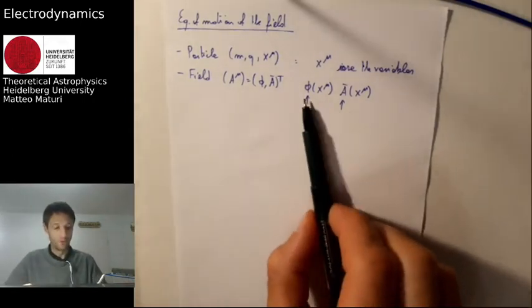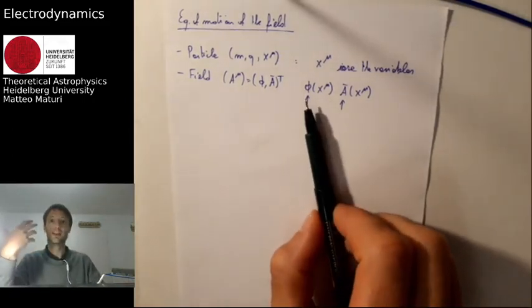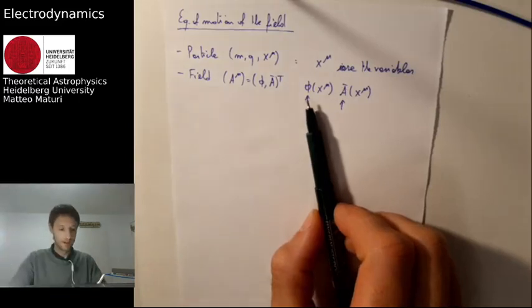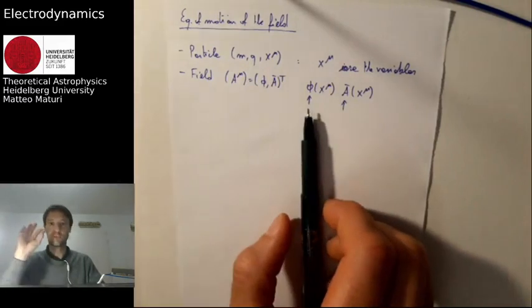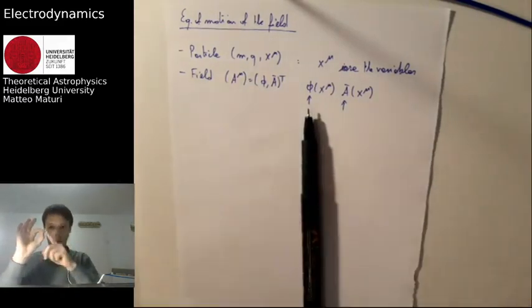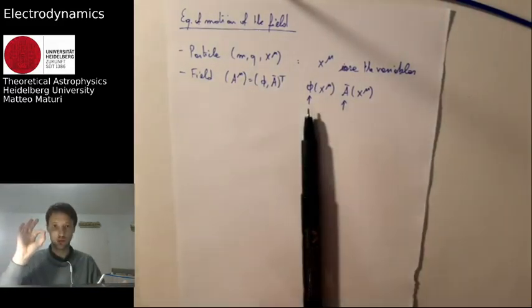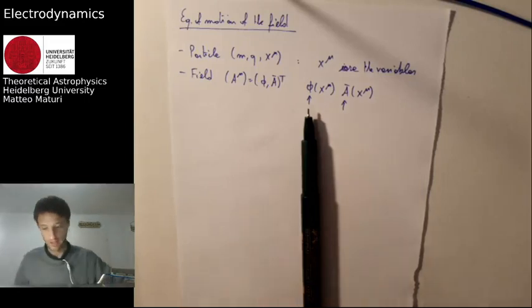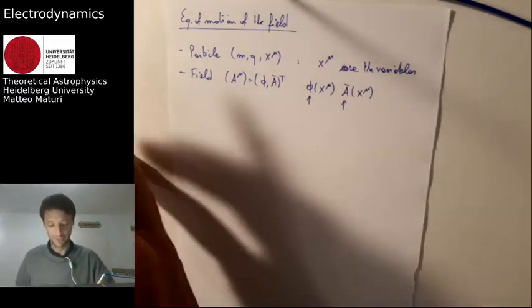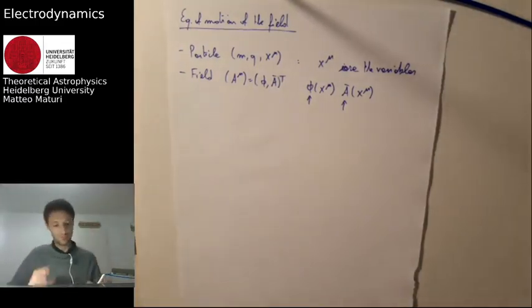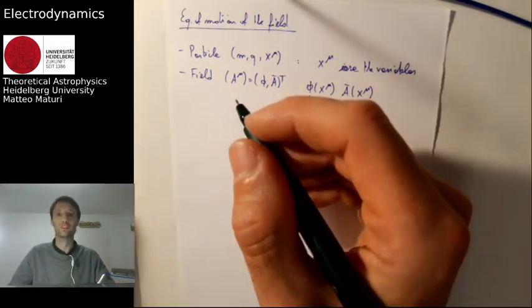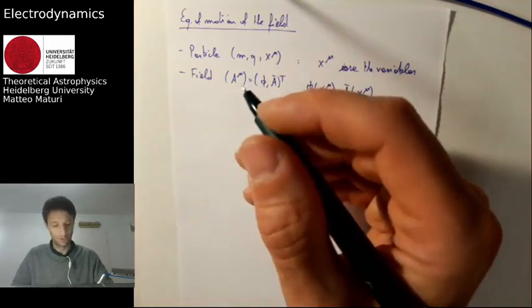Okay, therefore the point is not that the temperature is going somewhere, as it was the particle, if you wish, but we are just asking ourselves for all positions, for example this one, how the field is evolving. Okay, this is a conceptual step that sometimes people kind of lose, even if it's quite obvious.